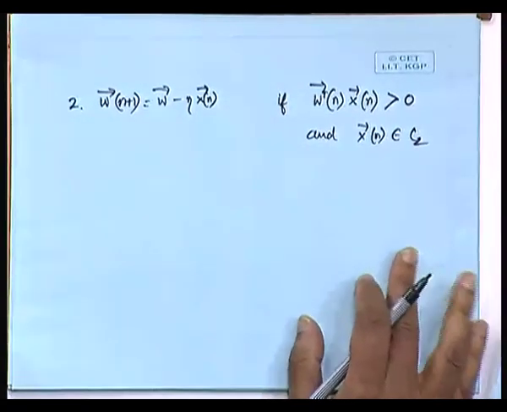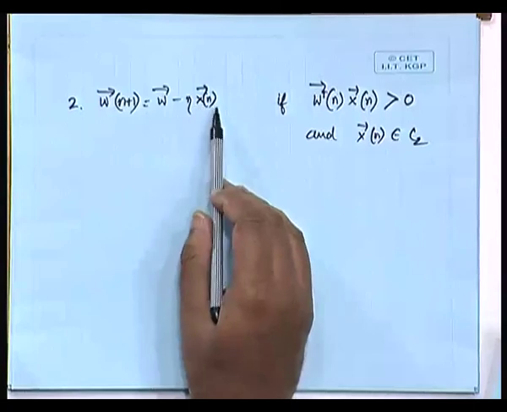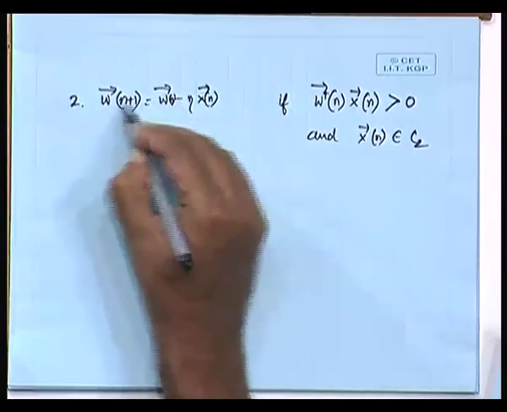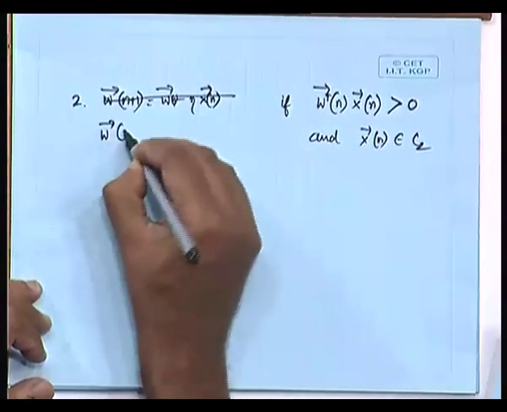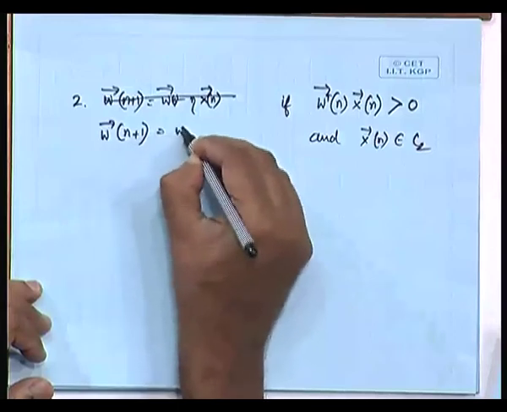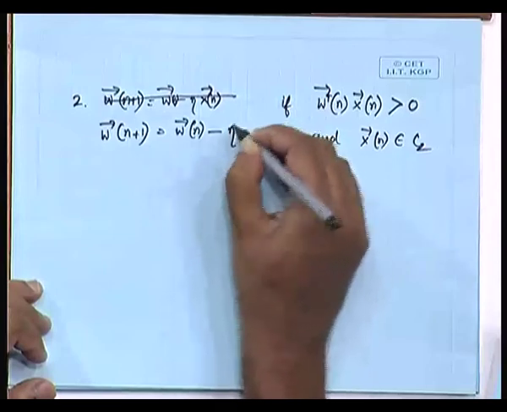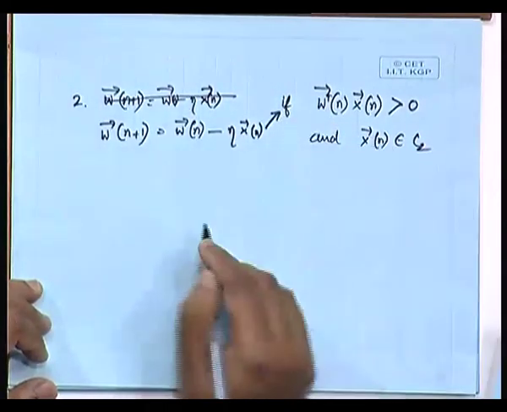So, it is the learning rate eta times xn. So, here we have to write Wn plus 1 is equal to Wn minus eta xn, if that is the case.